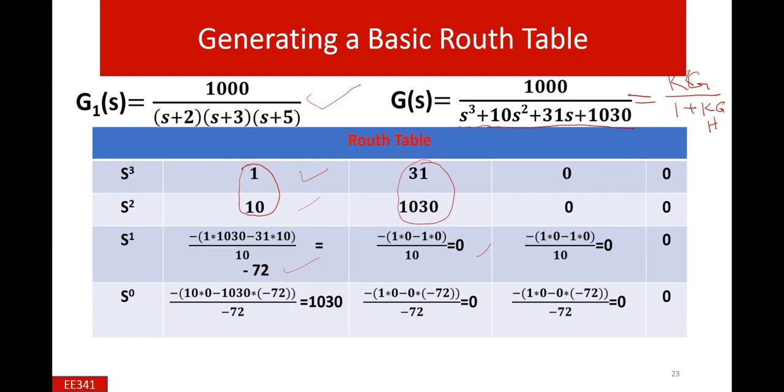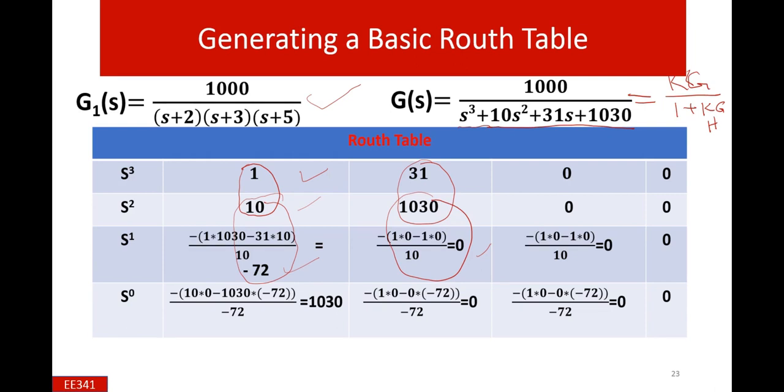To find the last row, the first element can be found by using 10 and minus 72, and 1030 and the 0 value.